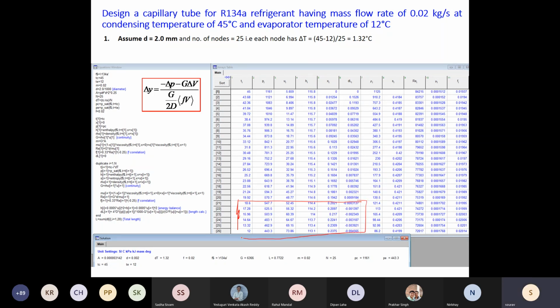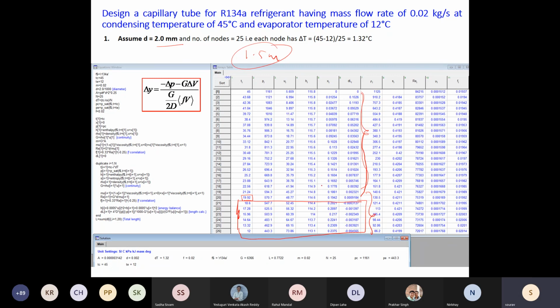So I was expecting then what is happening over here? At least you will ask that. Anyway, I'll tell you what is happening over here. Let's say I sum up all these lengths and I check what is the evaporator temperature here. It is 19.92. So if I were to use a 2 millimeter diameter of whatever this length is, let's say it is 1.5 meter.